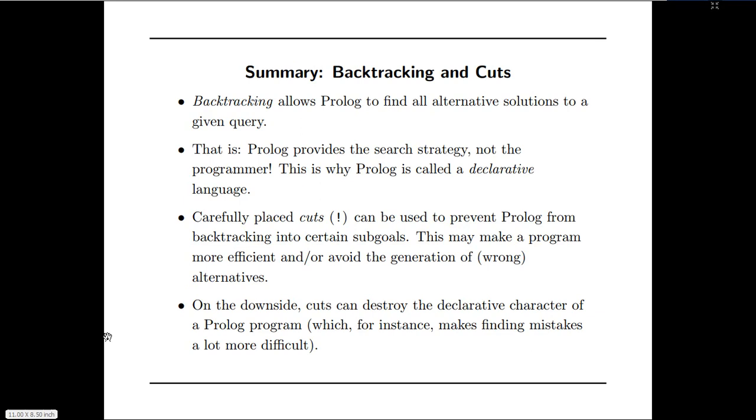Carefully placed cuts can be used to prevent Prolog from backtracking into certain subgoals. This may make a program more efficient or avoid the generation of wrong alternatives. On the downside, cut can destroy the declarative character of the Prolog program. The reason is, if the instances are present in two different lists at the end, then the cut will not work.